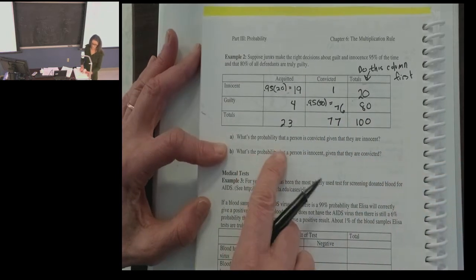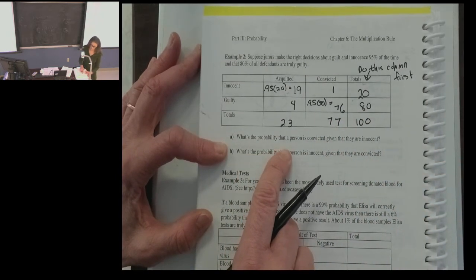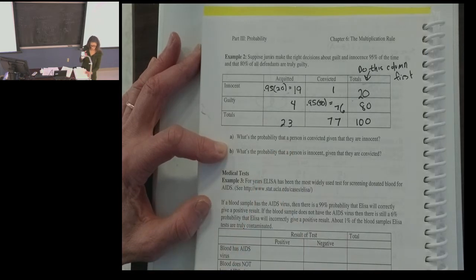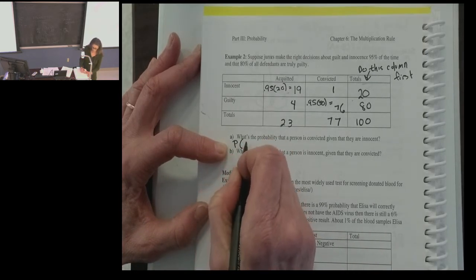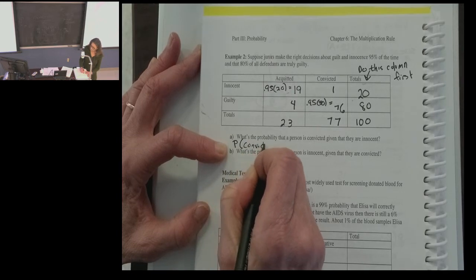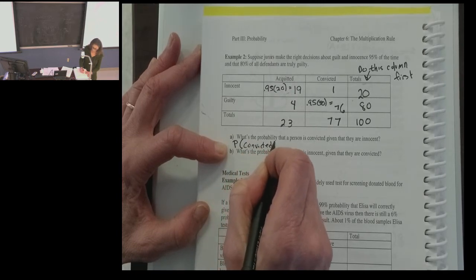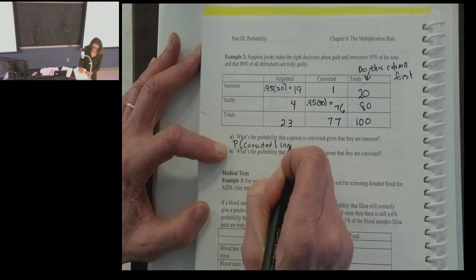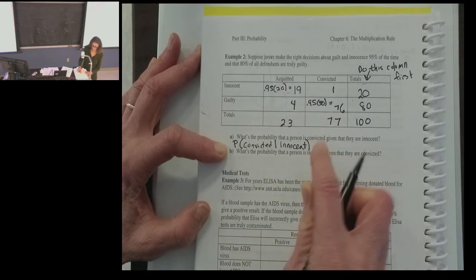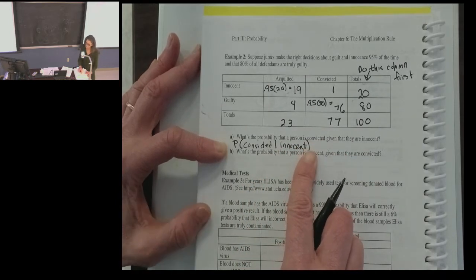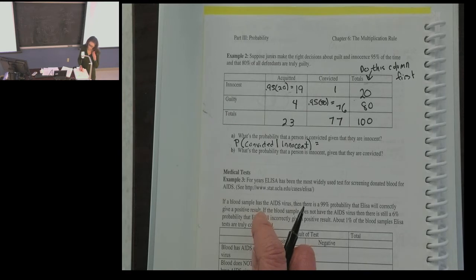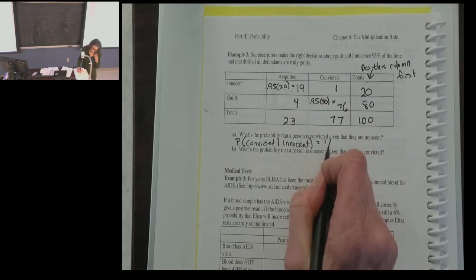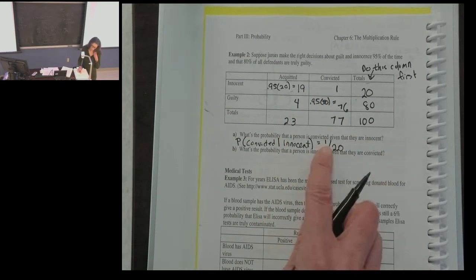All right, so now what's the probability that a person is convicted? So you might think, what's the probability of a person being convicted if they're innocent? So this is a wrong decision, and you might think 5%, right? And that's what it is. If they're convicted, it's 1 out of 20, 5%.